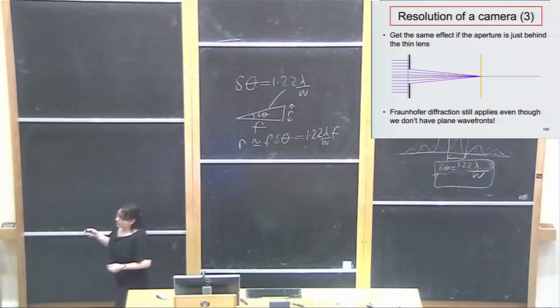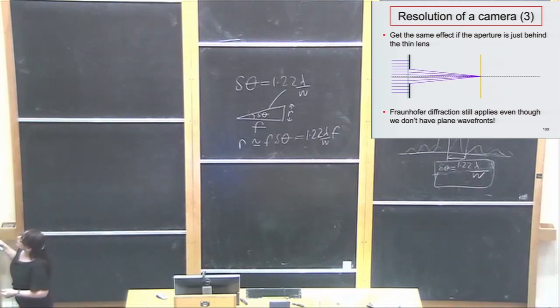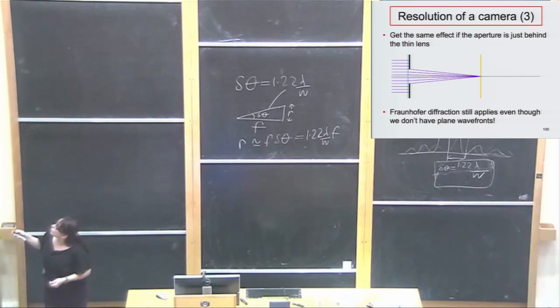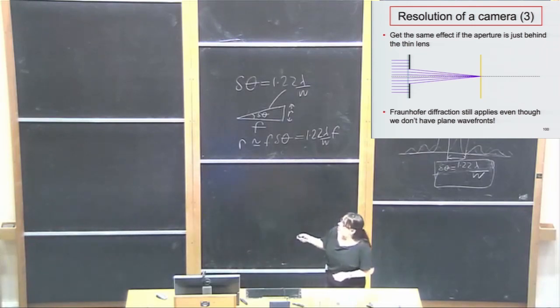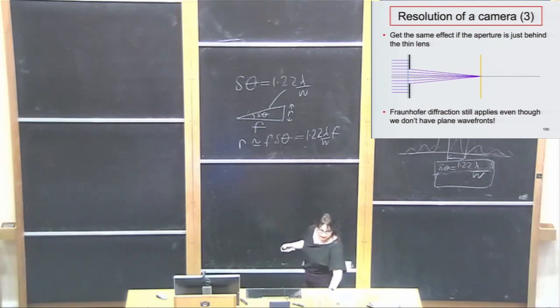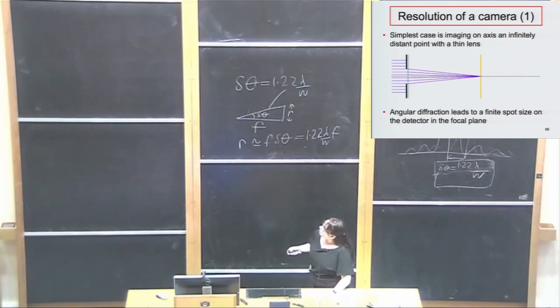The thing that matters, as it turns out, is the parcel of rays that are actually passing through the aperture. This width of the rays that you're allowing to pass through is the thing that defines your resolution. So actually this situation is exactly the same in terms of the diffraction effects you get as the situation before it.